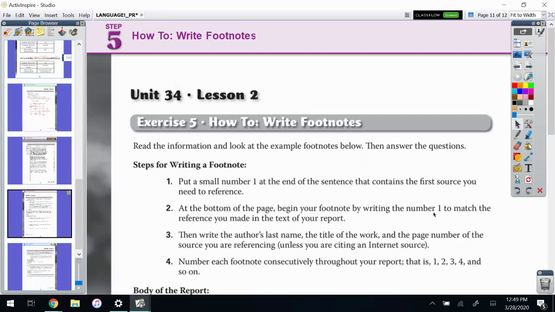a research report. When you write a report, it is important to document the sources of your information. To document sources means to give information about the sources of information that you use in your reports. You can do this in two different ways. You can write a bibliography, or a list of references, or a works cited page at the end of the report.